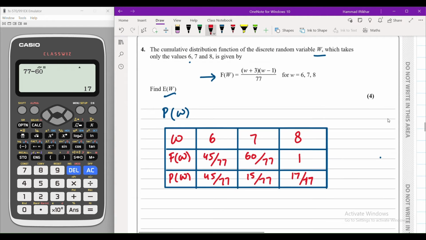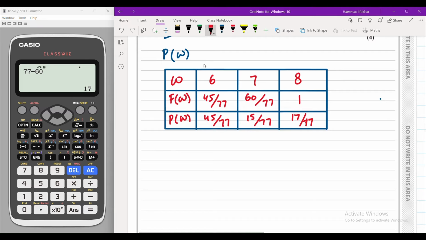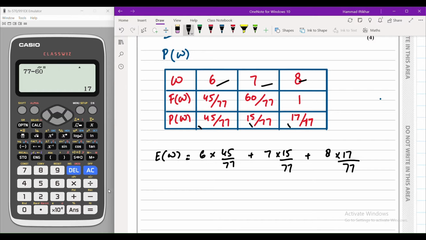Great. That's it. So to get E(W), what we simply have to do is multiply 6, 7, 8 with the corresponding probability values. So 6 times 45 over 77 plus 7 times 15 over 77 plus 8 times 17 over 77.